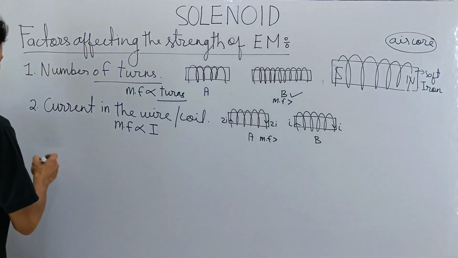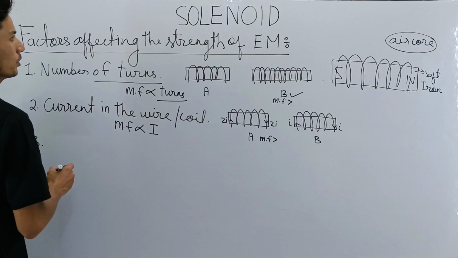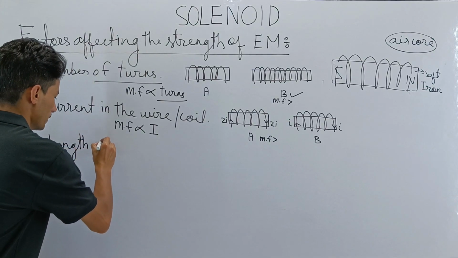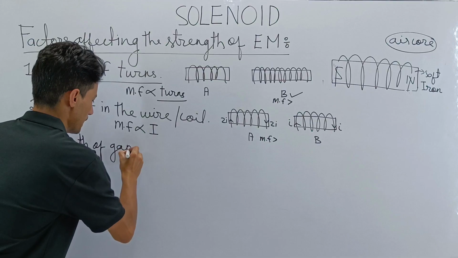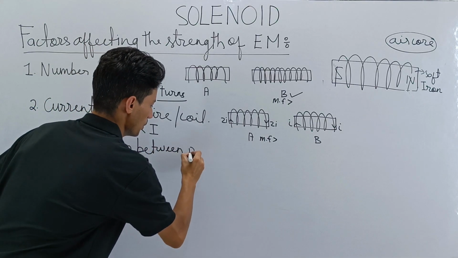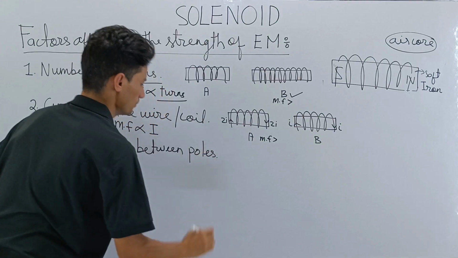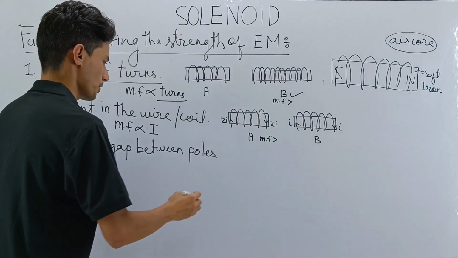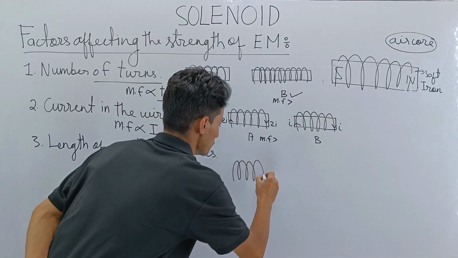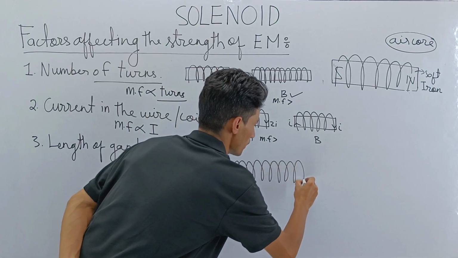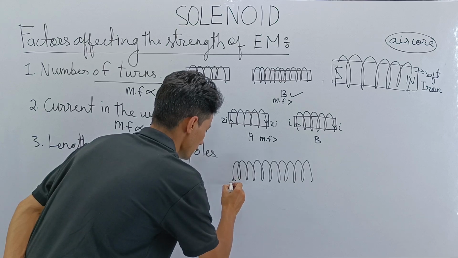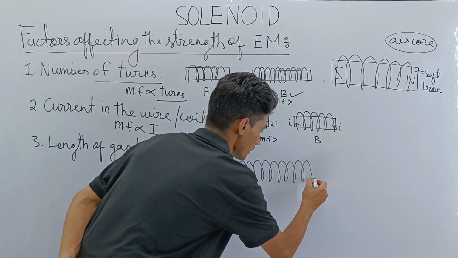Then number 3, length of gap between poles. Now, what does this mean? Let's try to understand. Let's take a solenoid with 10 turns. Assuming current enters from here, this is the positive terminal and this is the negative terminal.